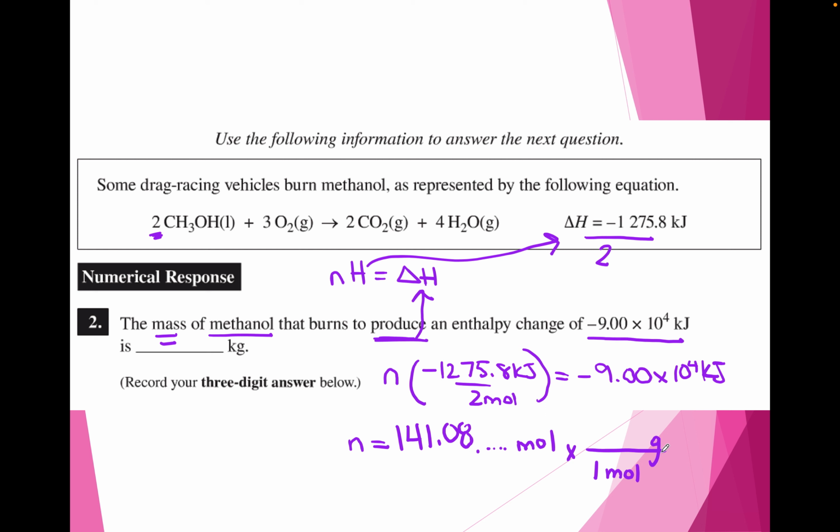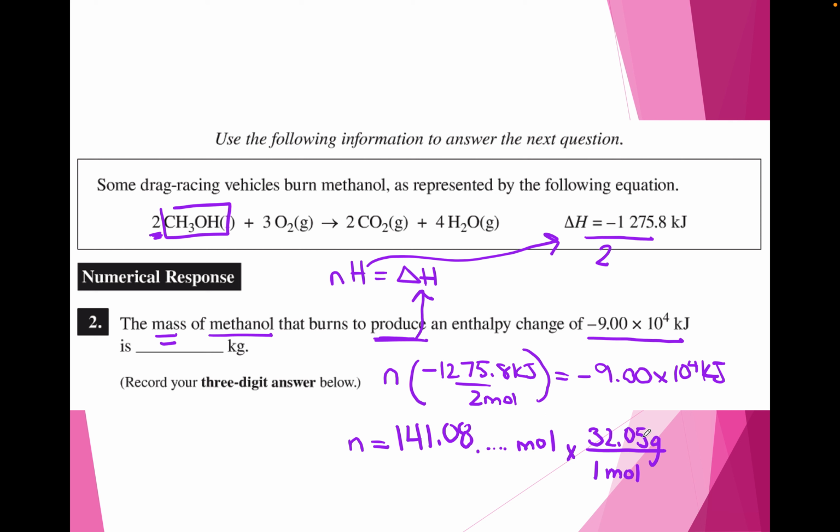So taking a look at what's present, adding up everything, my molar mass was 32.05. So I can now take that value and multiply it by the 141.08. And again, I didn't want to round that, so I'm just using the value that's in my calculator.